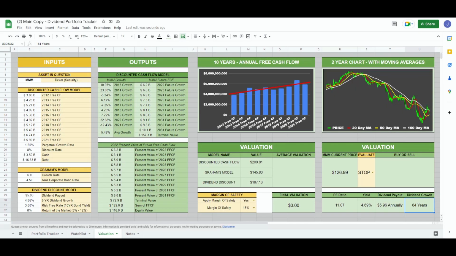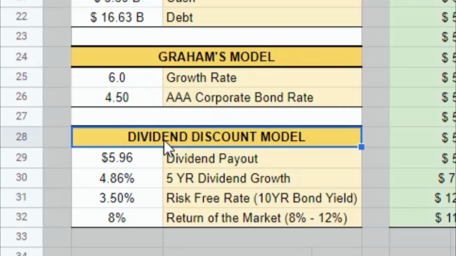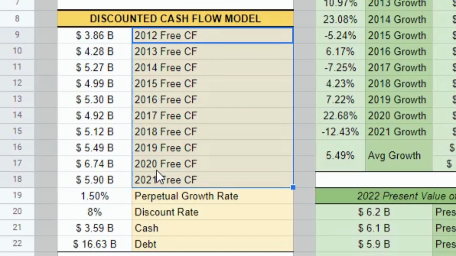So let's go ahead and see what we can get for 3M. We're going to evaluate 3M using the discounted cash flow model, Graham's model, and the dividend discount model. First off, for the discounted cash flow model, we need the previous 10 years of free cash flow. If you want to follow along, this calculator is available over on my Patreon, link in the description.